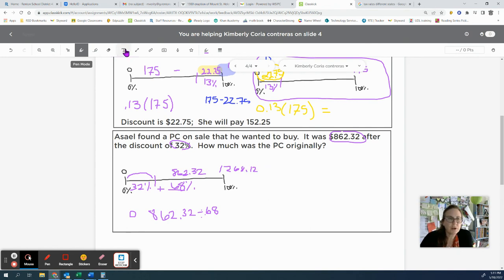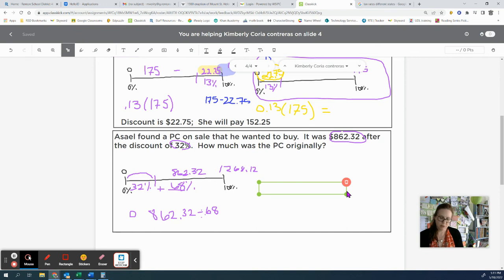So the original price for this one was $1,268.12.